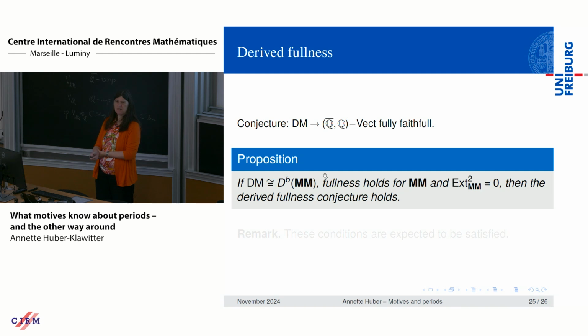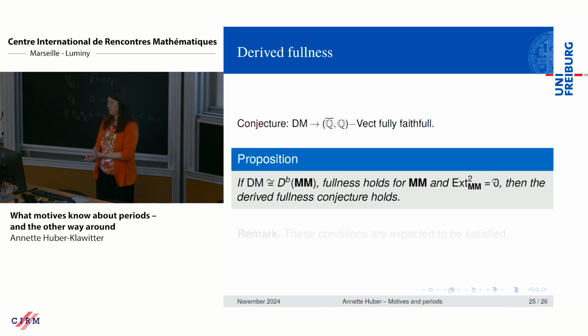Let's assume that Voevodsky motives and Nori motives are connected in the way that we hope they are. If there is a true abelian category of motives, then this should be the case. Then assume that the fullness conjecture holds for Nori motives. That was something reasonable because it follows from a conjecture that has been around for a long time. And then that's the additional piece of information that you need.